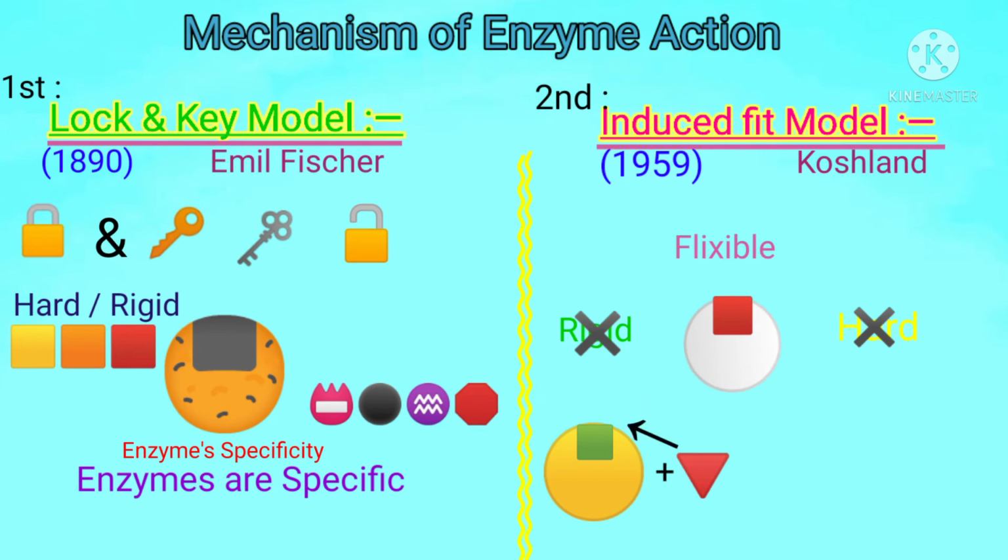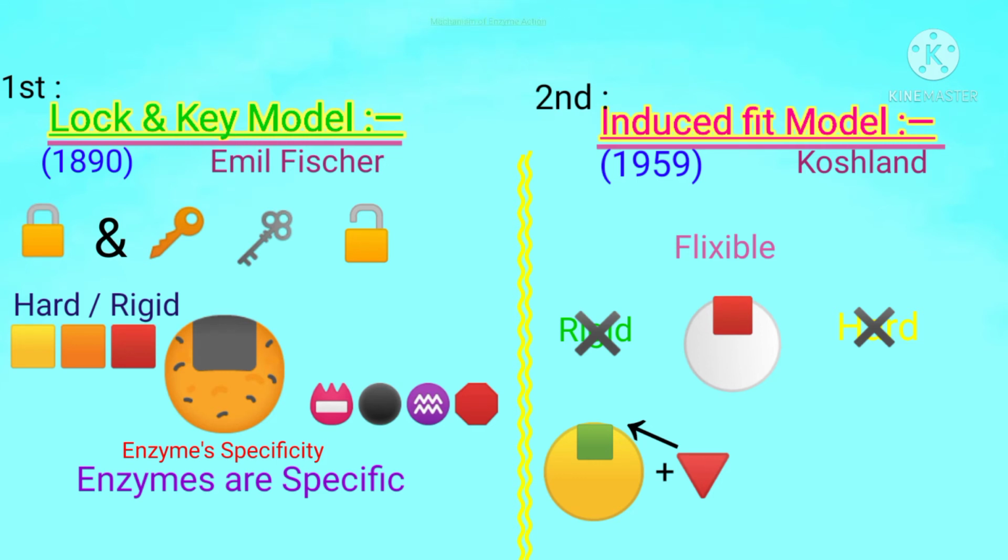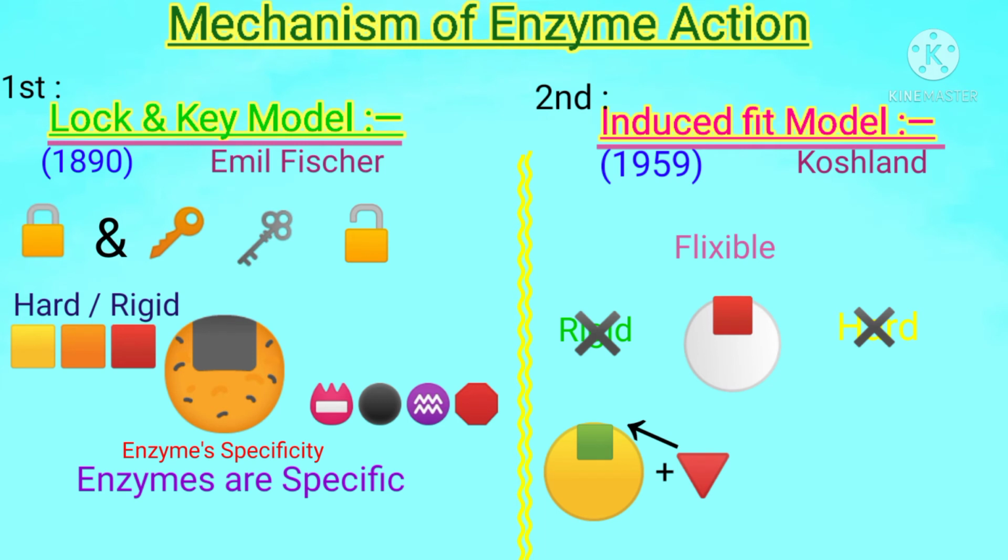comes to be attached to the active site of this enzyme, which is completely different from the substrate's shape, then you can suppose that a differently shaped substrate can't fit into a differently shaped enzyme active site. Dear students, this was a major issue for Koshland also. To solve this problem, he tells us that the enzyme remains inactive unless the substrate comes to fit into its active site.